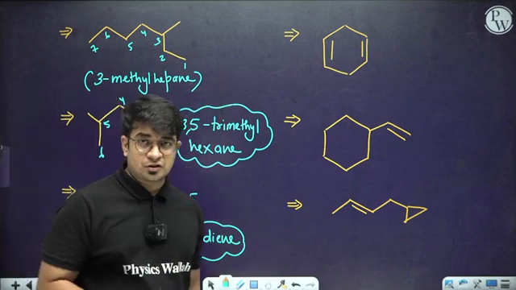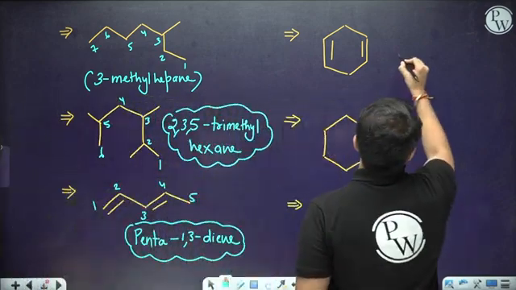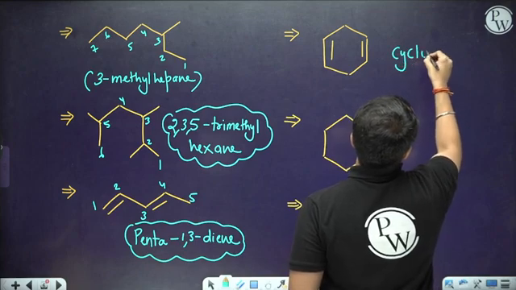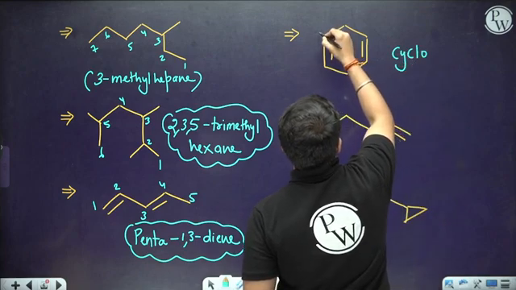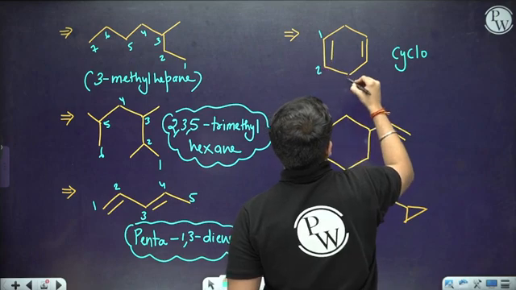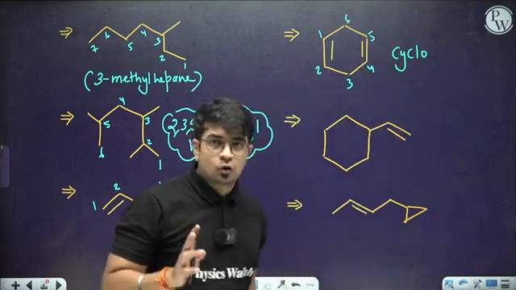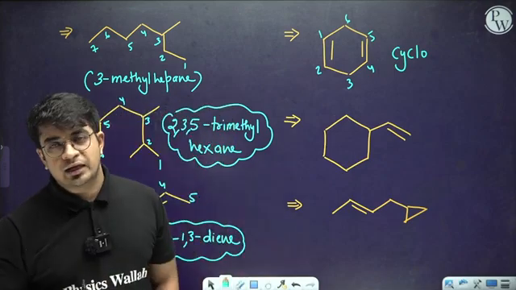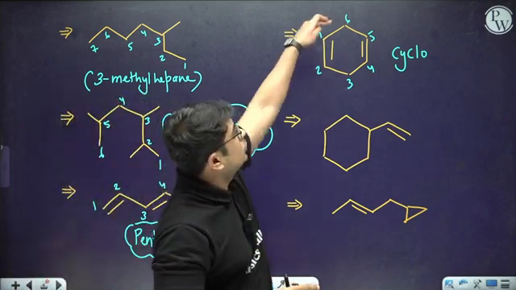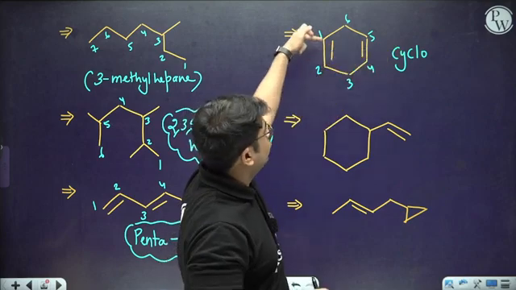This is a cyclic structure. So you can say we have cyclo. So I can say that we have 1, 2, 3, 4, 5 and 6. Every time you have to include the entire double bond. You cannot say that 1, 2, 3. It's not correct. You have to include the double bond.